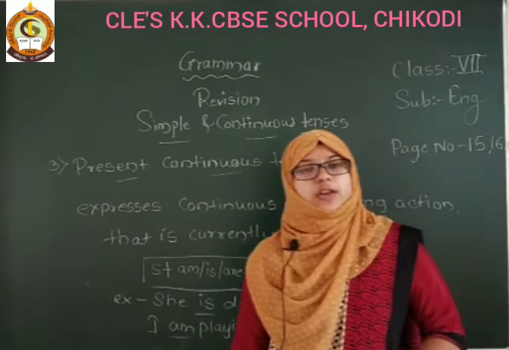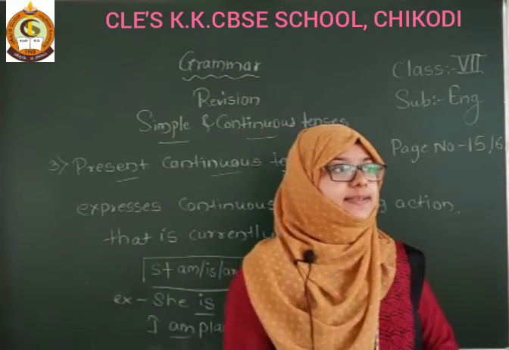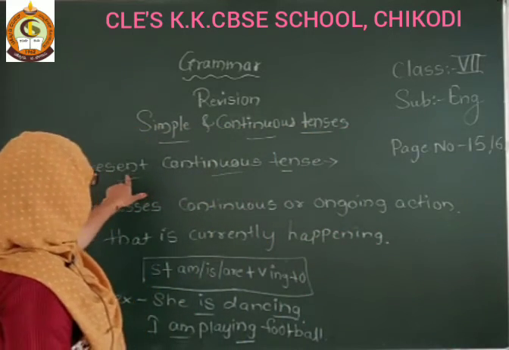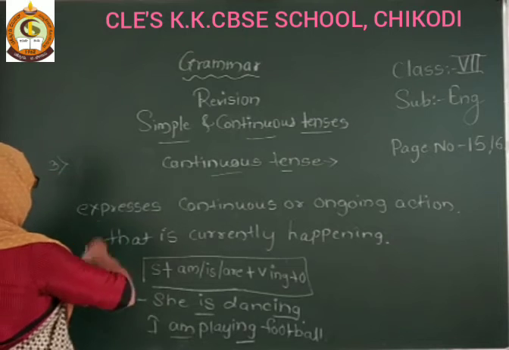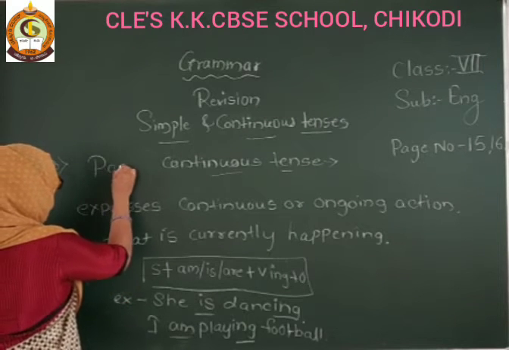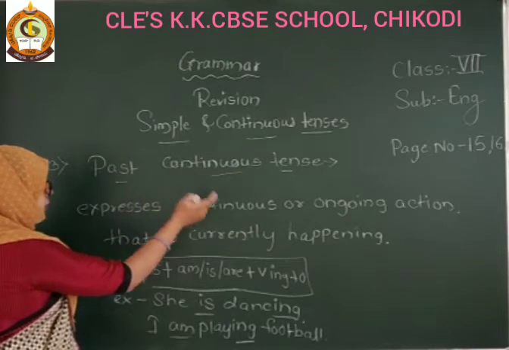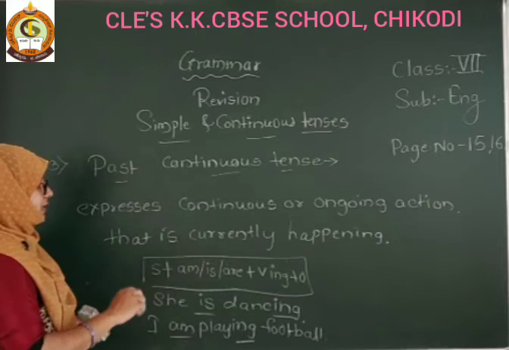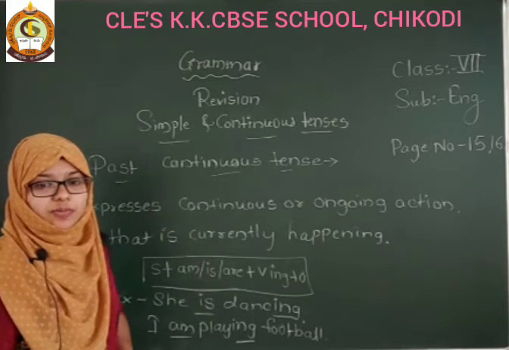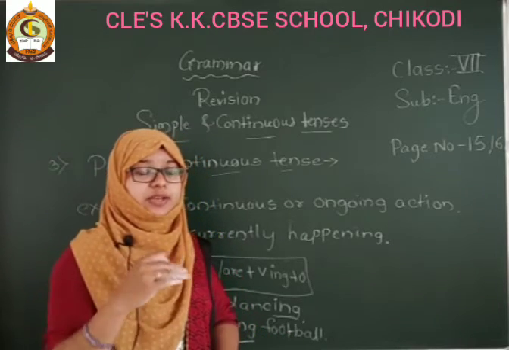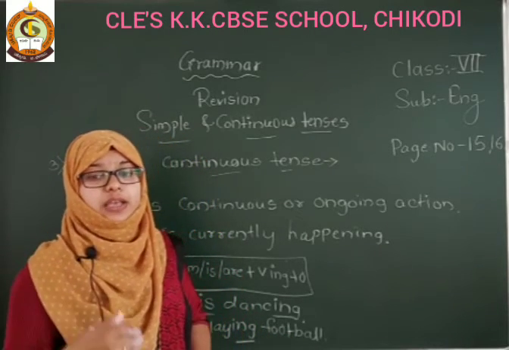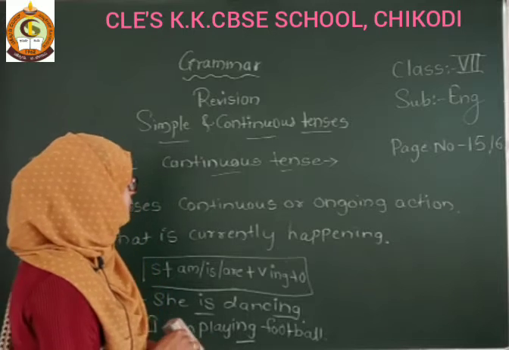Now come to the fourth tense, that is past continuous. Now we have seen the present continuous tense. Now we have to see past continuous. Present means it expresses the ongoing action. In the past, what is it showing? It is showing an action that was happening at a particular time.